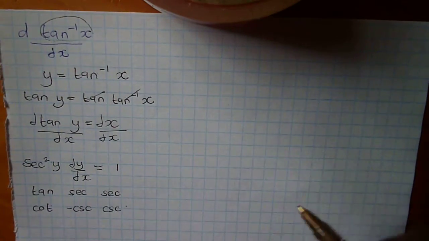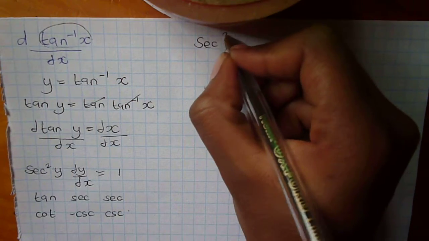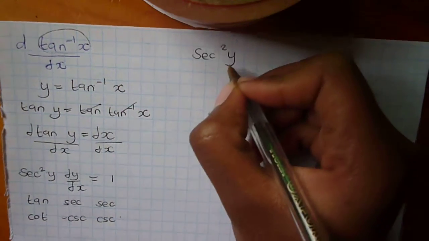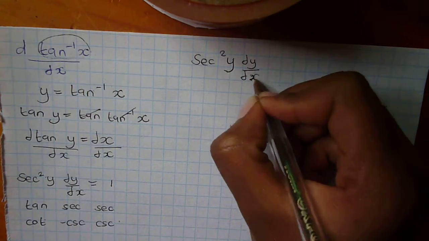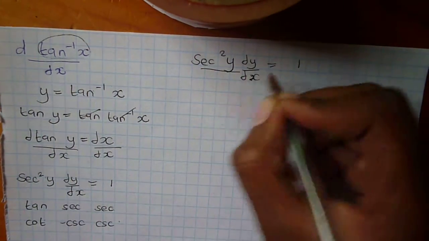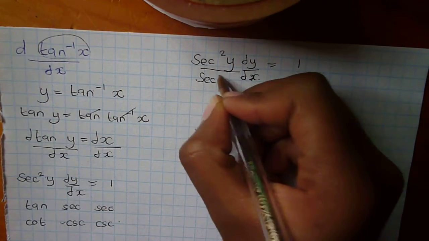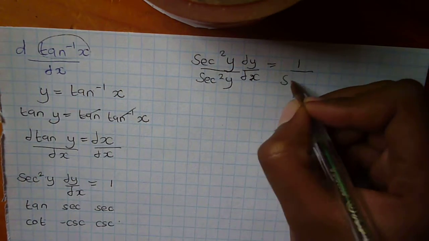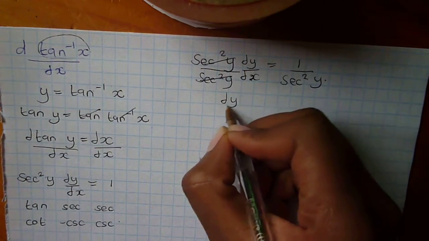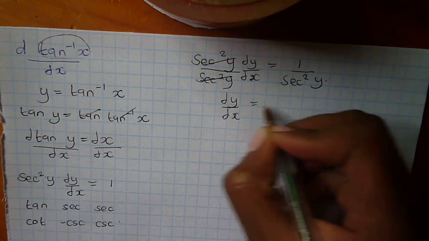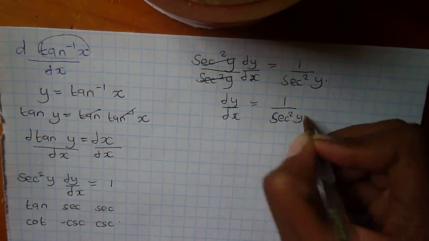So from there, we know our equation now is sec squared y dy over dx equals 1. So we'll make dy over dx the subject of the formula. We'll divide both sides by sec squared y. So dy over dx equals 1 all over sec squared y.